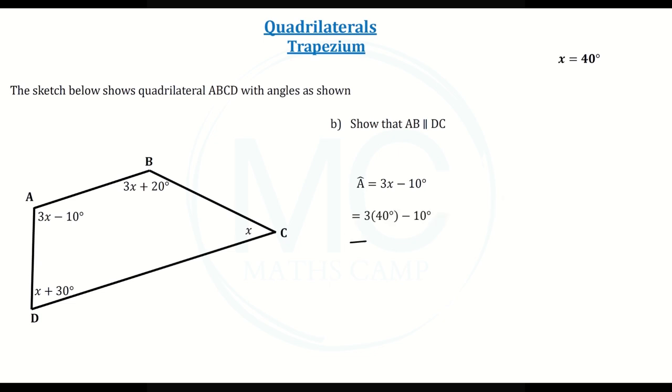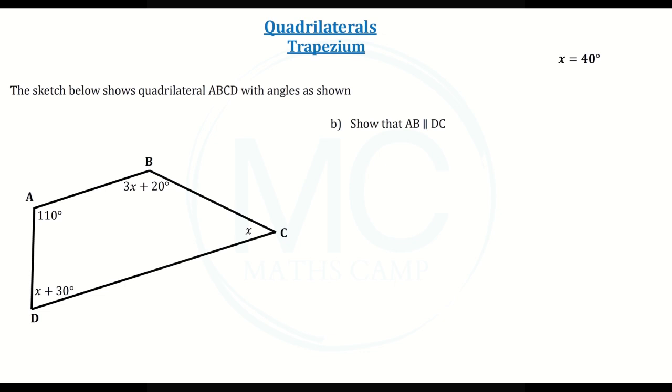Now we expand. 3 multiplied by 40 gives us 120 minus 10, which is equal to 110 degrees. This is the size of angle A. So let's make some space. Let's take out 3x minus 10 degrees and write in 110 degrees.